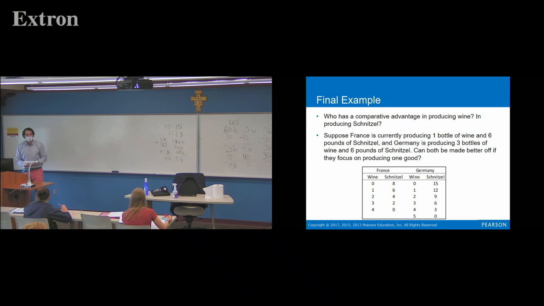How did you get the 0.16? So when France moves from producing 0 units of wine to 1 unit of wine, they're giving up 2 units of schnitzel.